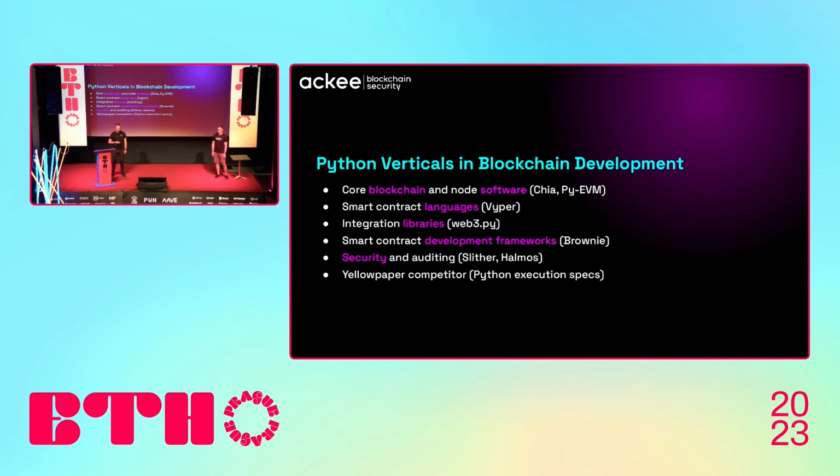Then there is a big section about smart contract development frameworks. We will talk about that more later. And a lot of security and auditing tools like Slither. The last notable thing is a repository called Python execution specs. If you want to learn about the EVM, this is now probably the best way to do it because the Yellow Paper is in some way outdated.